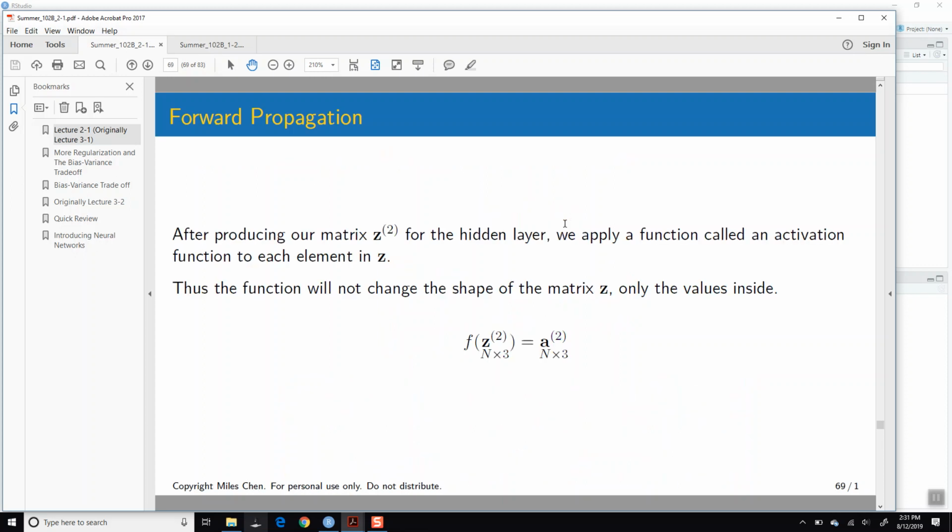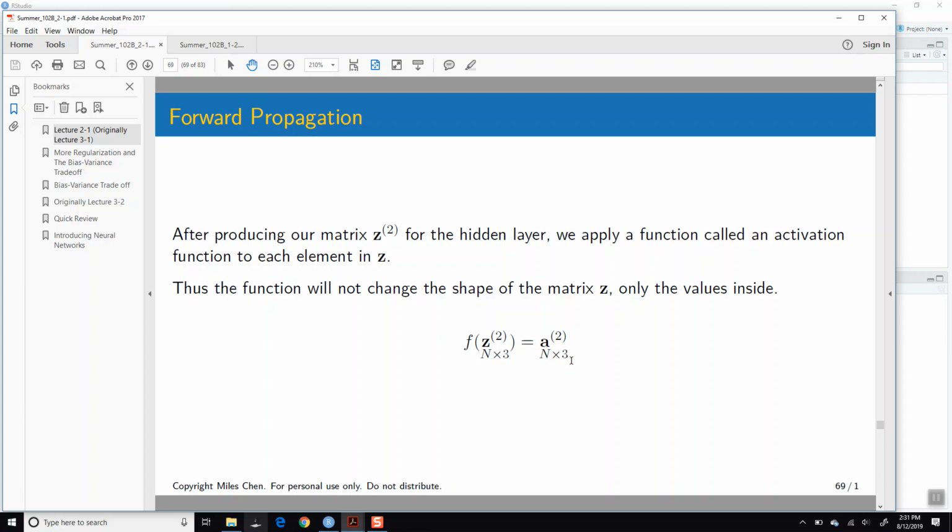And what we will do is we apply a function to Z. The function could be as simple as the identity function. In our neural network, we're going to use what we call a sigmoid function, which is basically like the logistic function. We just take our n by 3 matrix, and element-wise we apply a function to each element, so we get an n by 3 matrix as an output.